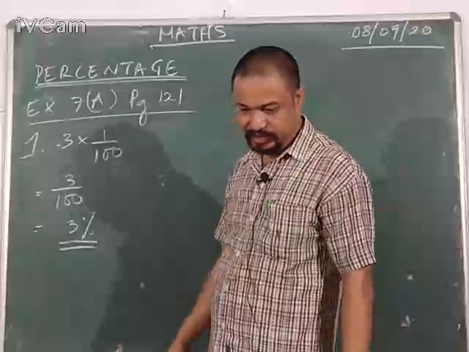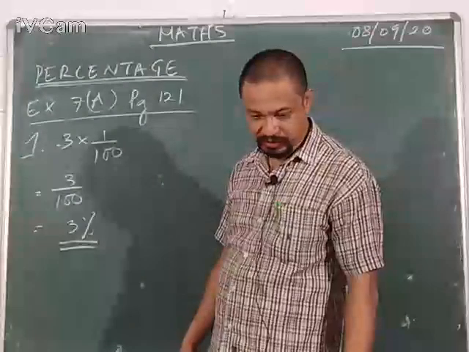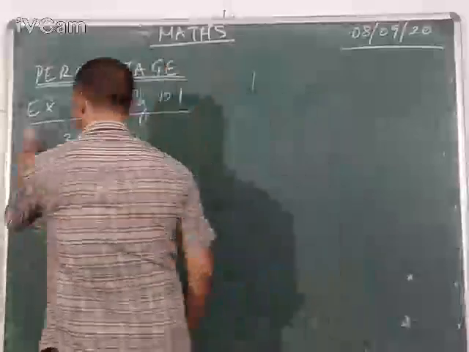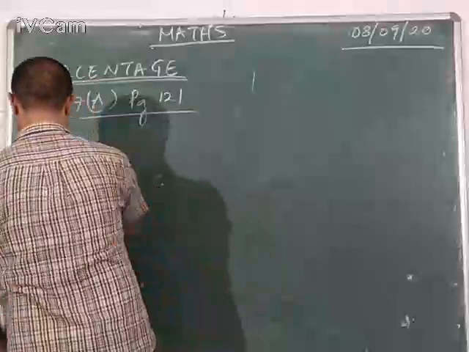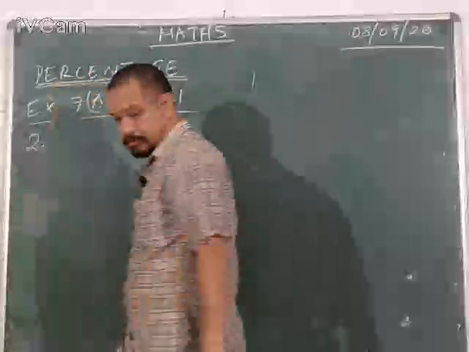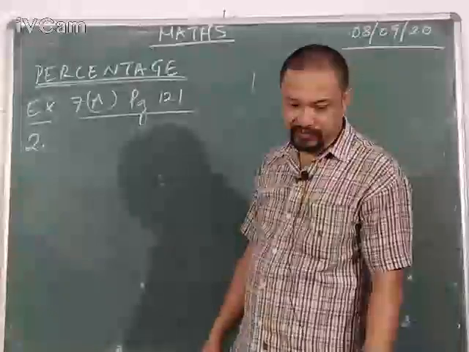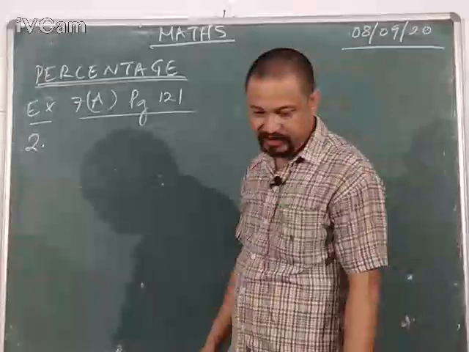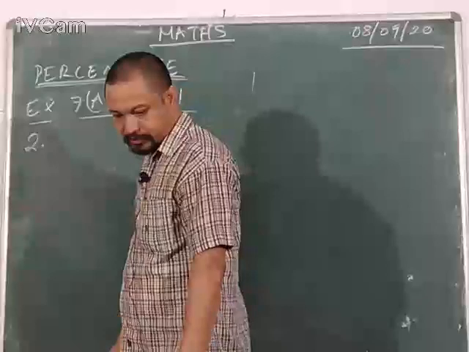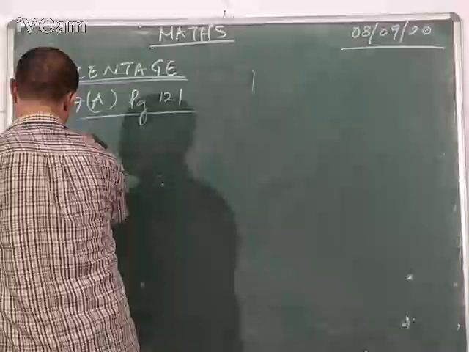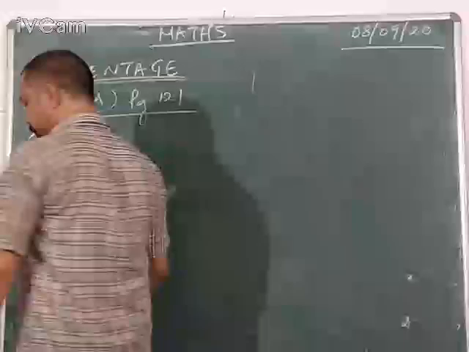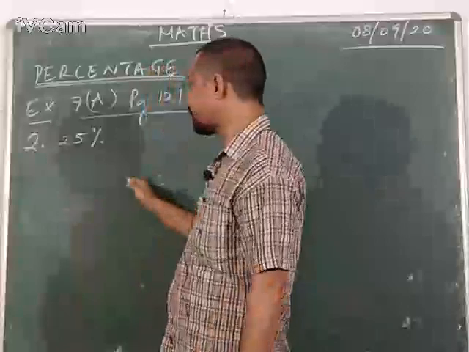Number 2 and 4 has been given as homework. Now we move on to number 2. What does number 2 state? Express each of the following as a fraction in the simplest form. Okay, so number 2 is given as 25%. Yes, you have to express this in a fraction in a simplest form.